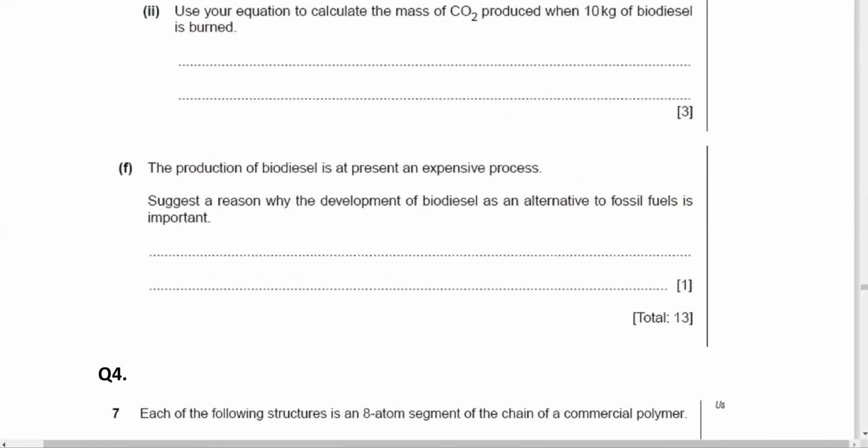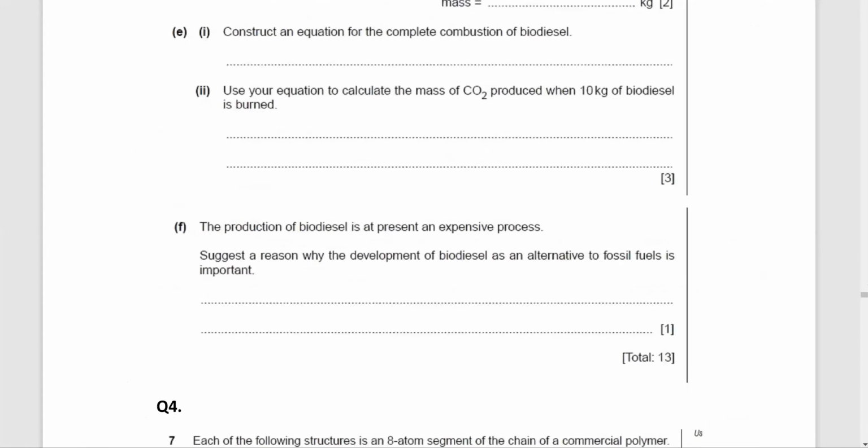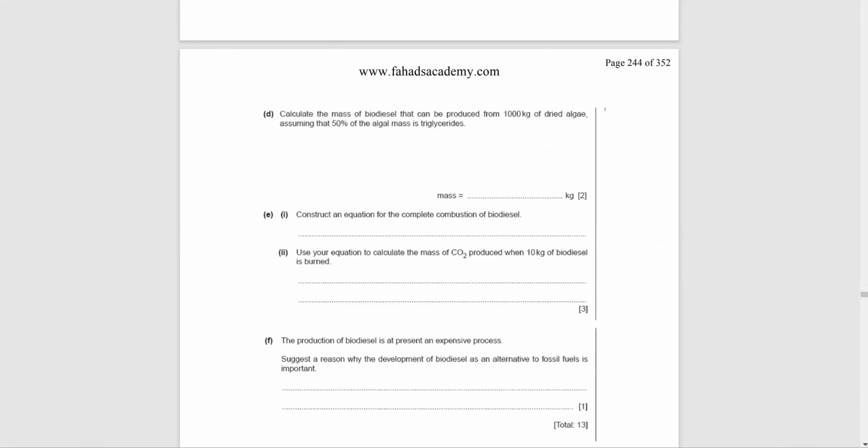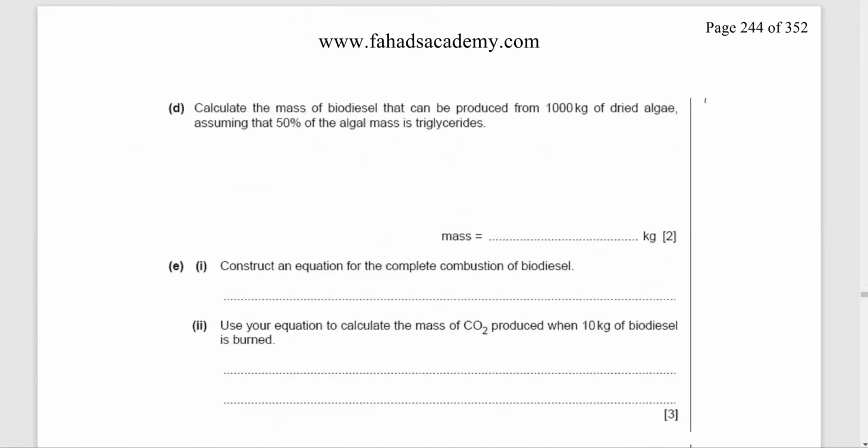अच्छा, this is biodiesel. Question ये कि ठीक है, we would have to. The question is कि I think in the question biodiesel is being produced from dried algae.